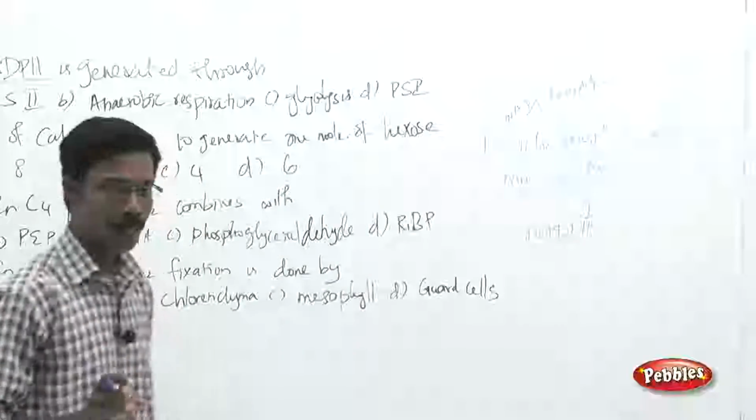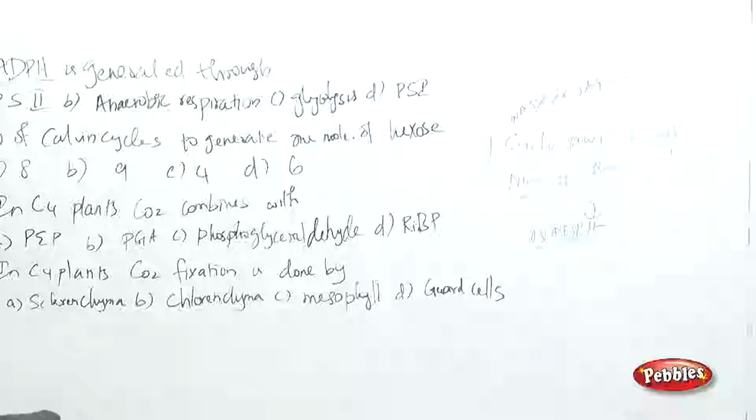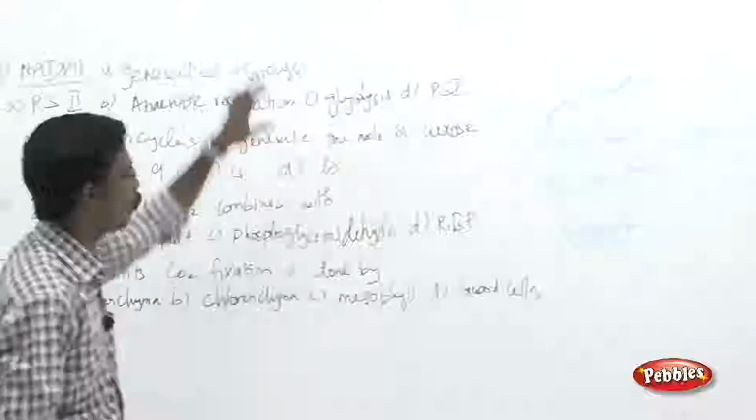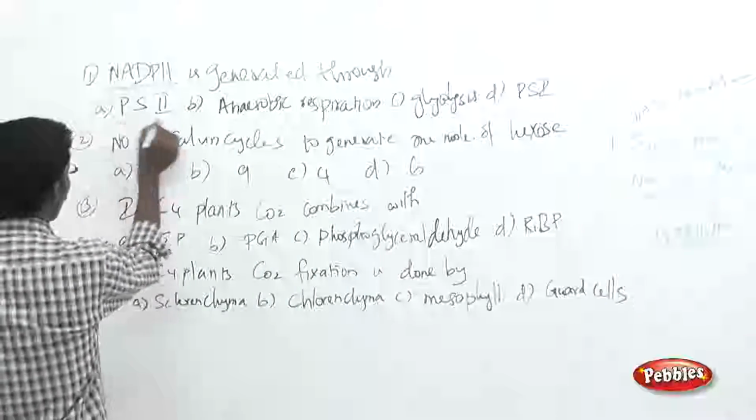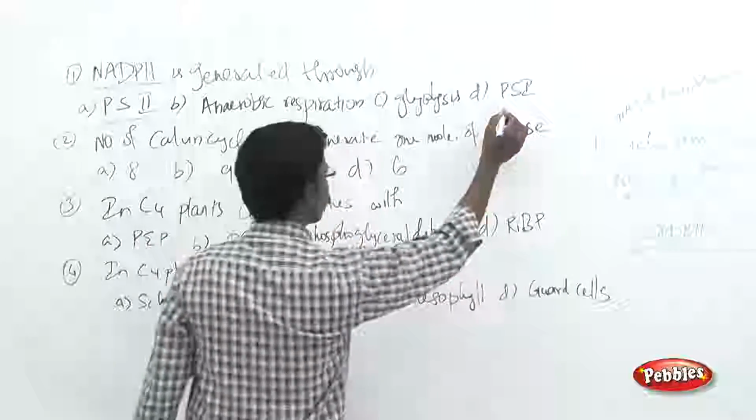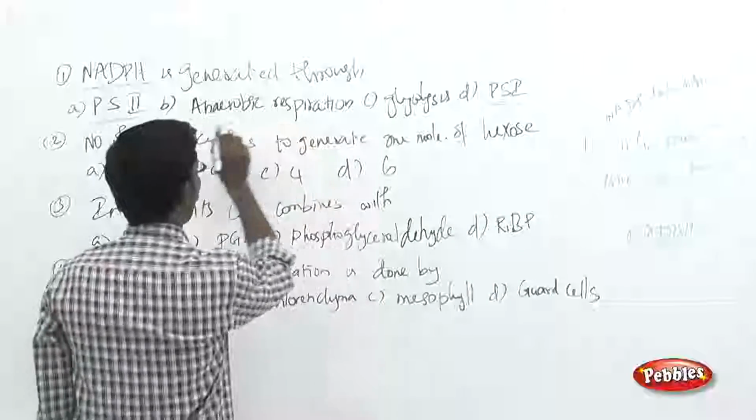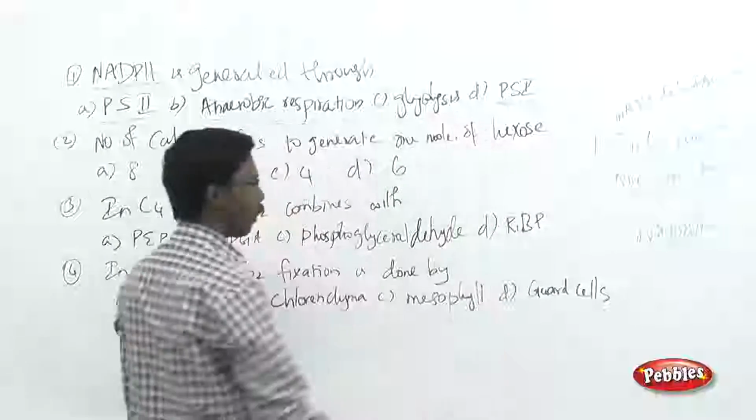This is the second point you have to remember, and the question is talking about NADPH generated through. Here you have the keywords: photosystem 1, photosystem 2, anaerobic respiration and glycolysis.